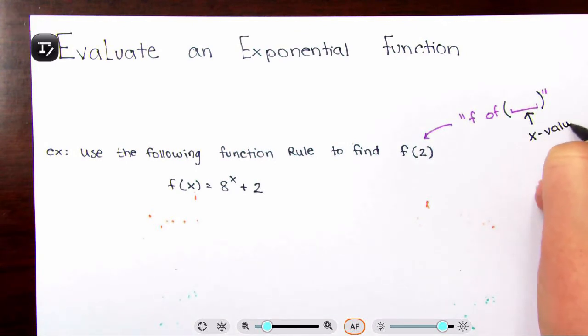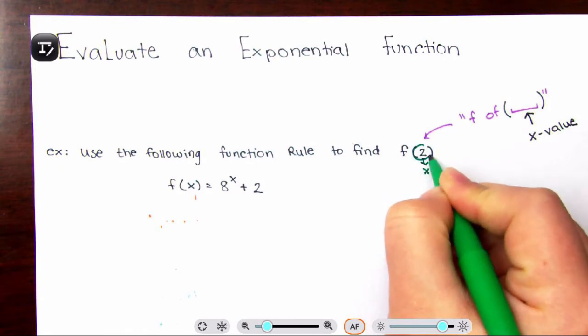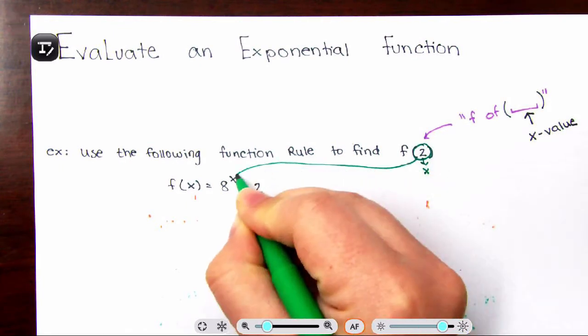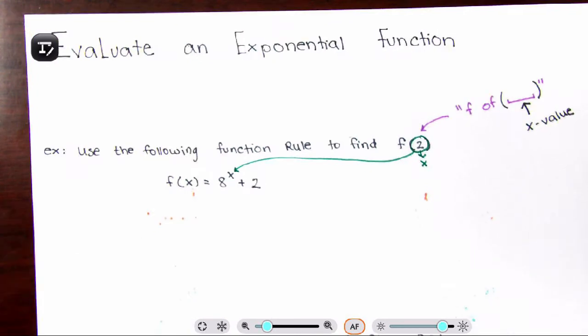That's going to be your variable. Sometimes it's not x. Sometimes it can be whatever you want it to be. And you're going to use that to substitute. You're going to take that number that represents x and put it in place of your variable.